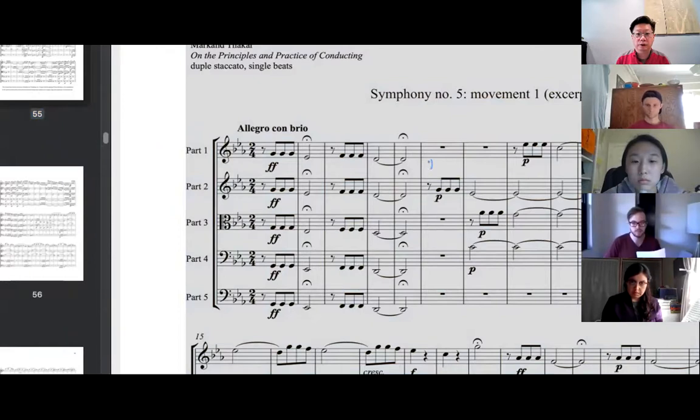So this is second violin. That's viola, first.